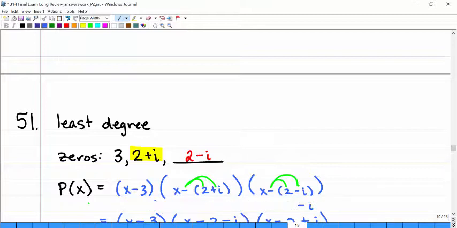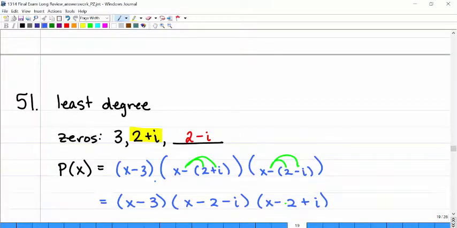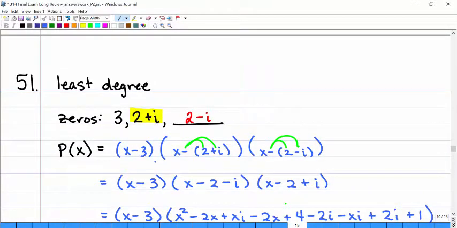Okay, after doing that, so that's what I get. After doing that, I need to distribute x times all 3 of these terms, and then I have negative 2 times these 3 terms, and then I have negative i times these 3 terms.